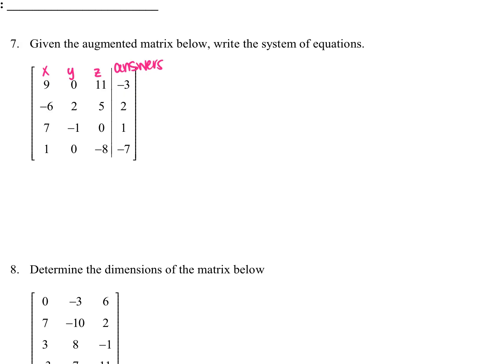So that means you're going to have 9x plus 0y, which you don't need, plus 11z is equal to -3. -6x plus 2y plus 5z is equal to 2. 7x minus y plus 0z, which you don't need, is equal to 1. And 1x, or just x, plus 0y, which you don't need, minus 8z is equal to -7.